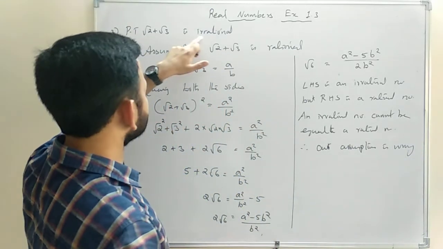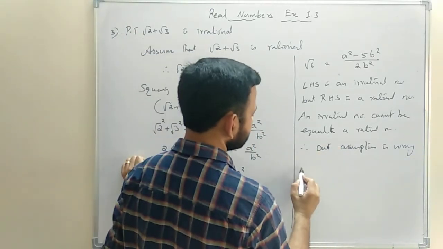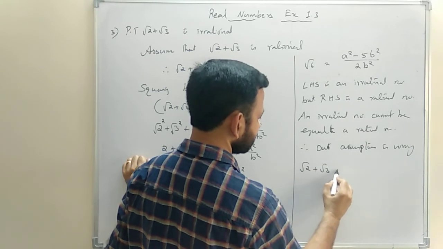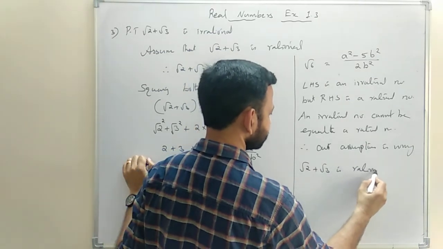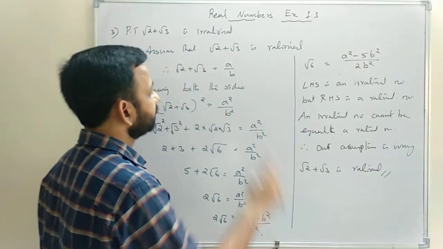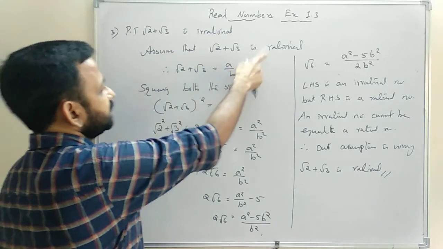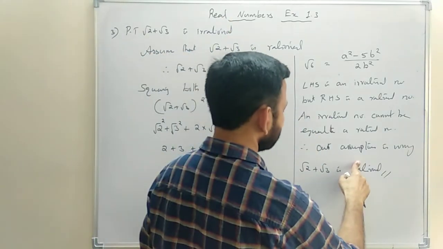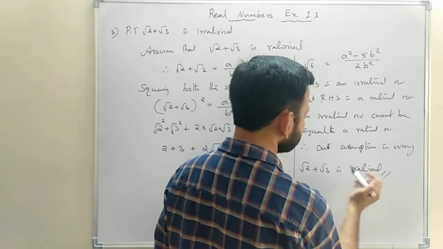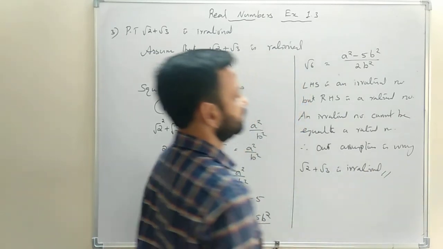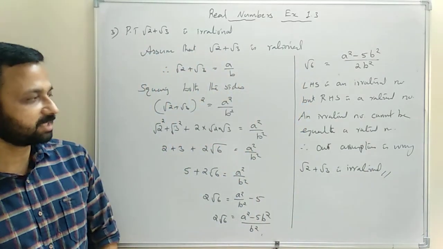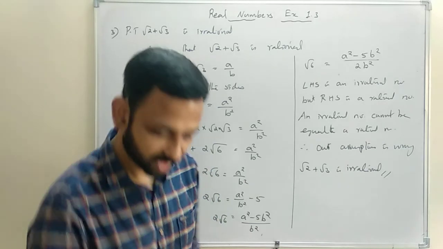Our assumption was that root 2 plus root 3 is rational, and that assumption is wrong. Therefore, we can write that root 2 plus root 3 is irrational. So we got root 2 plus root 3 is irrational.